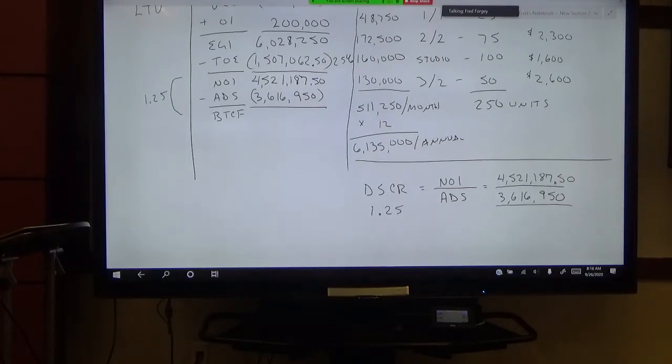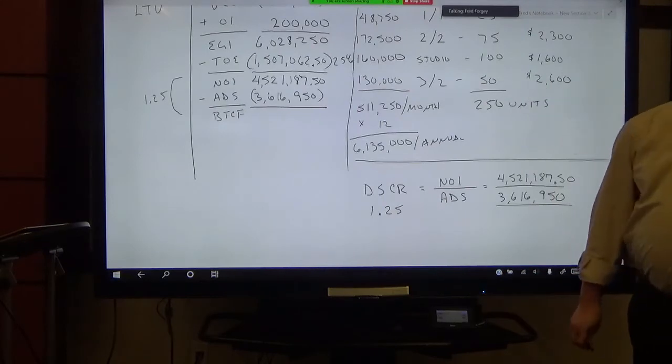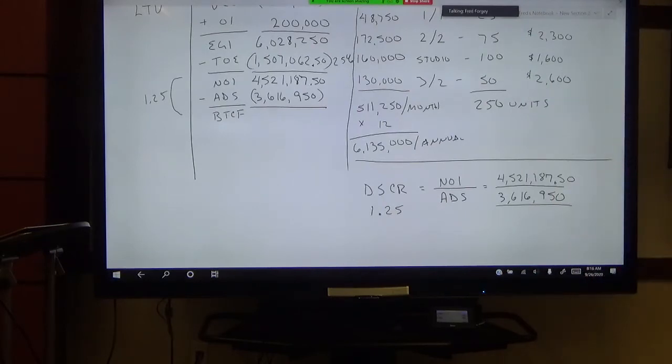That is correct, okay? Because at the end of the day, this is what the lender's concerned with. Now, once we have that number, then we'll back into how much they will lend us, at what interest rate, over what term. Does that make sense?